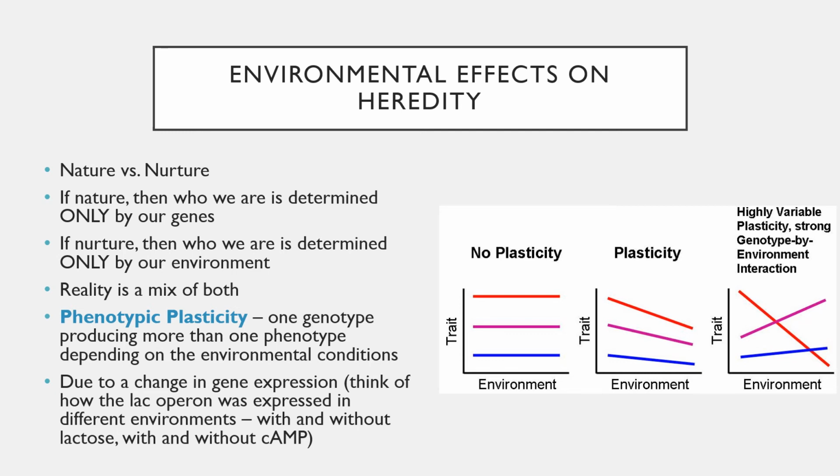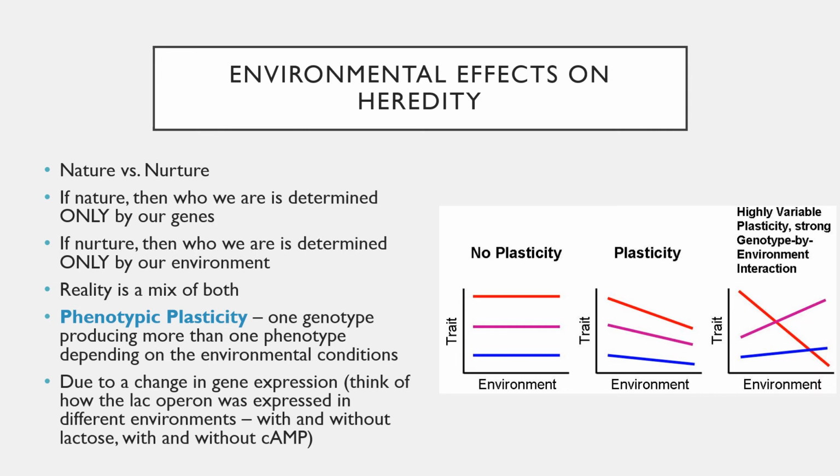That's called phenotypic plasticity. You can have one genotype that can produce more than one phenotype depending on the environmental conditions. Now, this kind of makes sense, and we've already talked about it when you consider the lac operon. The lac operon has a change in how it's expressed depending on what its environment is.